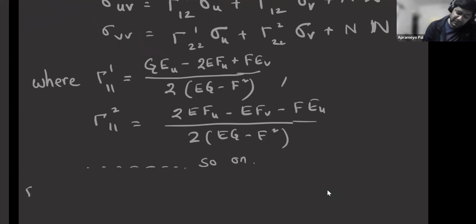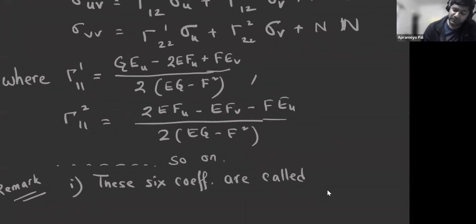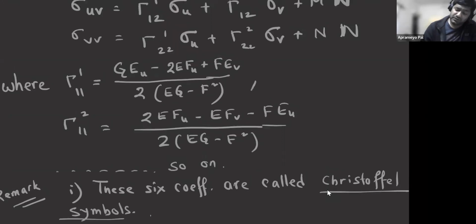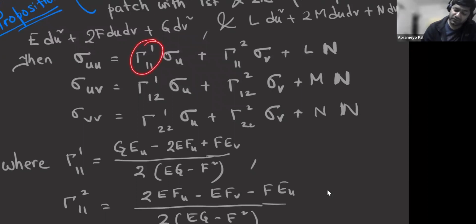So let me just remark quickly. These 6 coefficients are actually called Christoffel symbols. You would have this kind of expression not only for these 2, but also for these 2 and also for these 2.